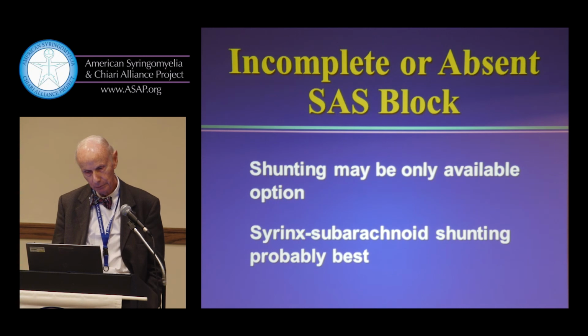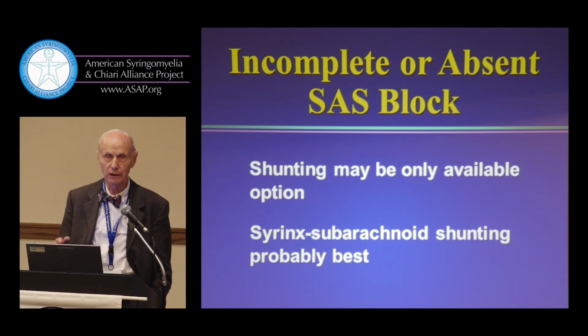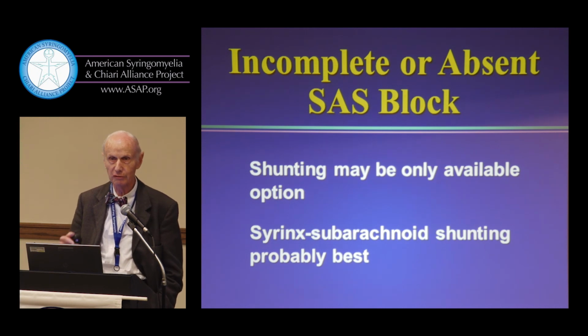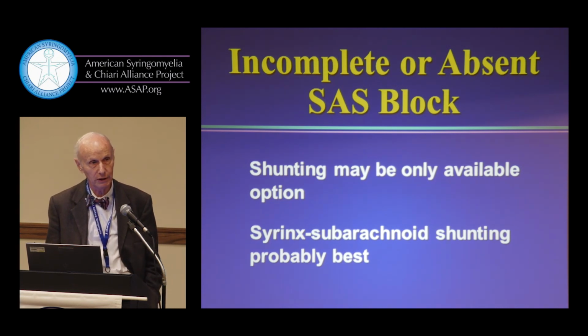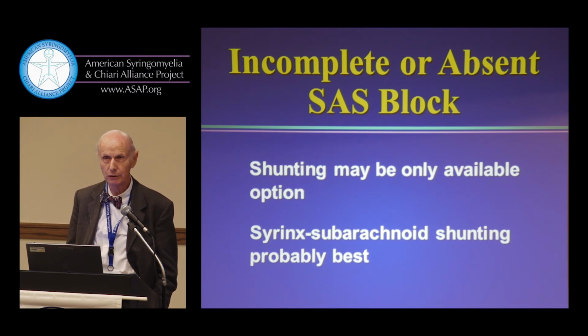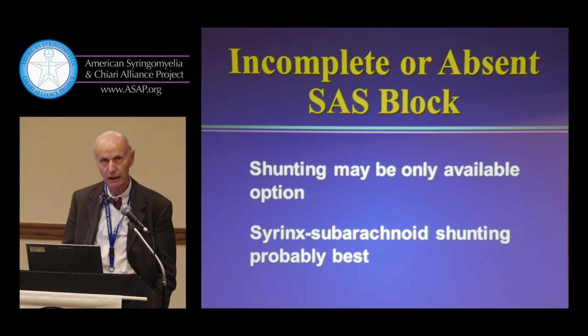But when we do, shunting into the subarachnoid space is best assuming that there is no pathological process that prevents resorption of spinal fluid from the subarachnoid space. And some people whose syrinx develops after meningitis or after subarachnoid hemorrhage do not resorb fluid well from the subarachnoid space, and we have to shunt them either into the chest or into the peritoneal cavity.